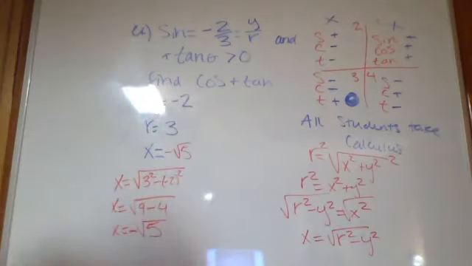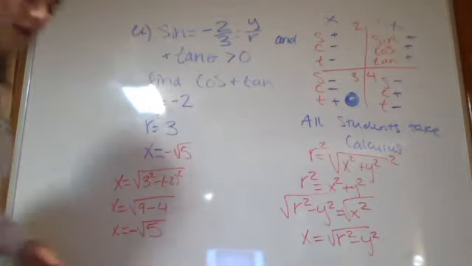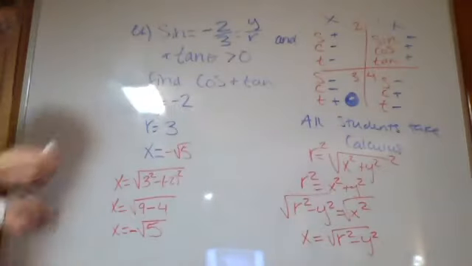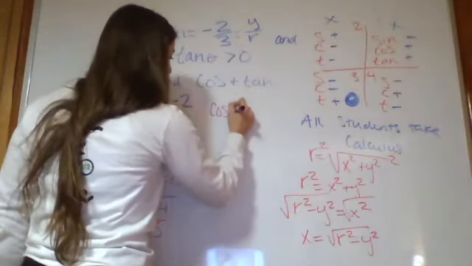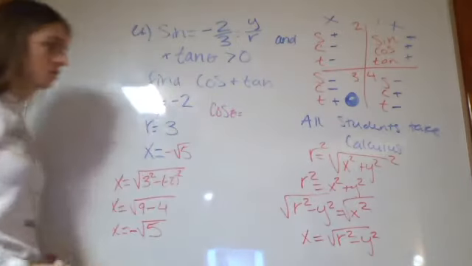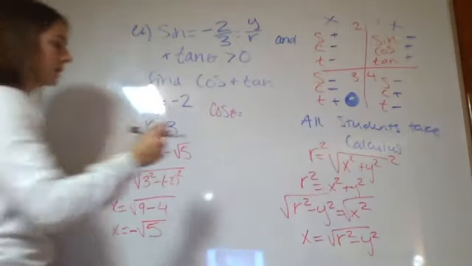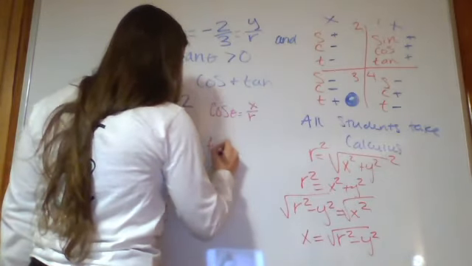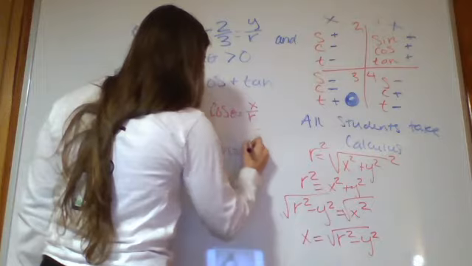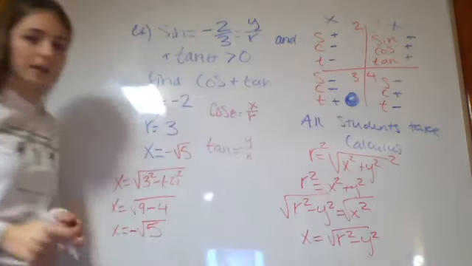Since I now have all 3 of my terms, I can continue on by finding my cosine and tangent. Cosine is, we get cosine by taking x over r. And we get tangent by taking y over x.